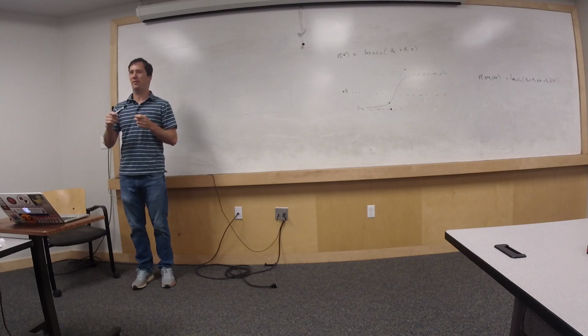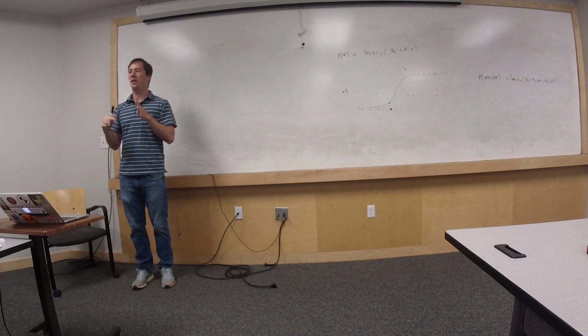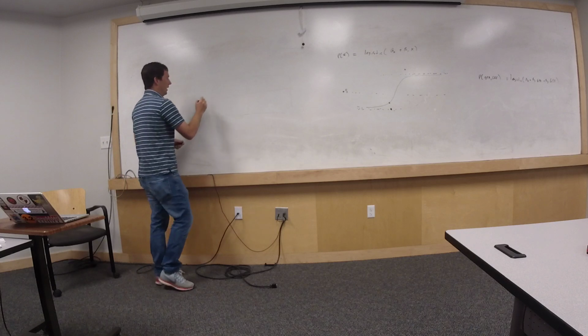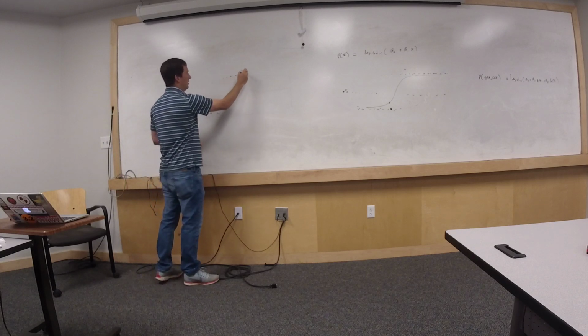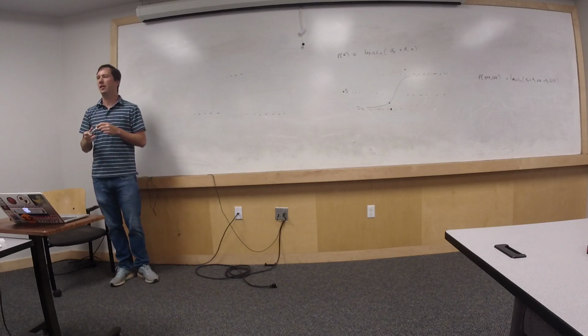Because we only go from 0 to 1. How do we deal with a third option? Okay. And then another problem we saw is if my data looked like this.